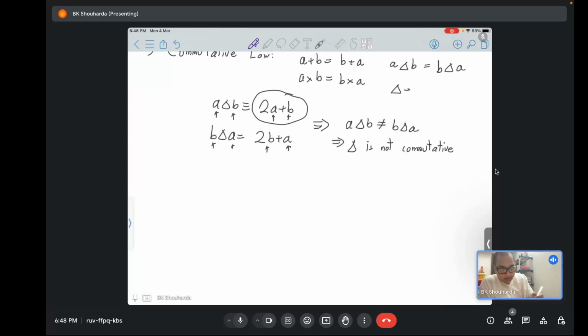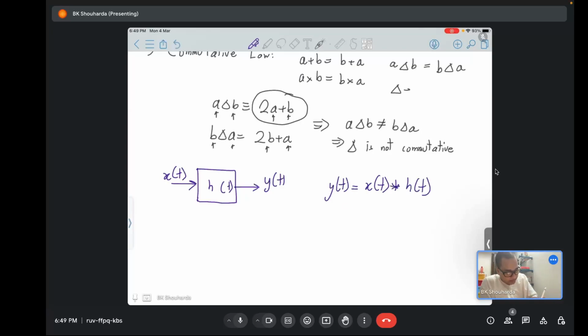So in terms of linear systems, what do we mean by commutativity? When you have an input xt and you get an output yt, what is yt? yt is xt convolved with h of t.